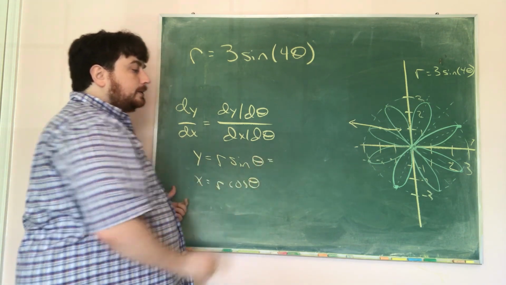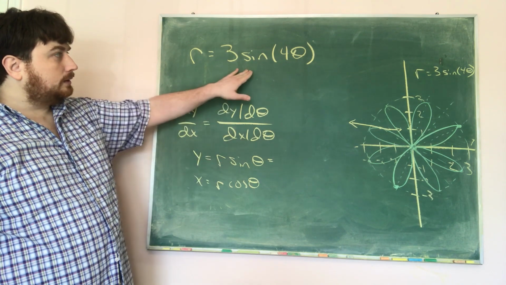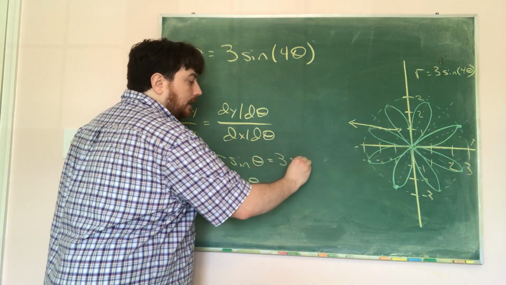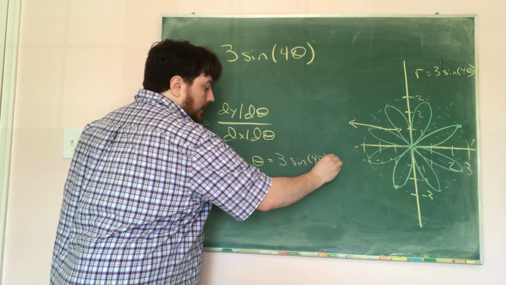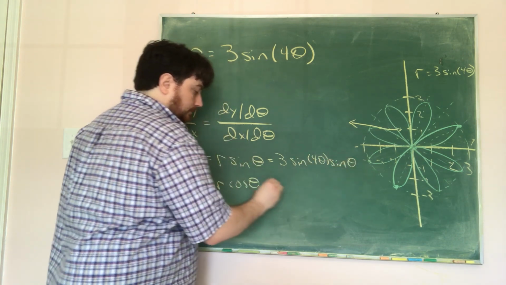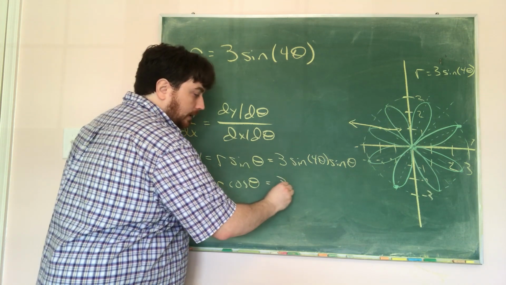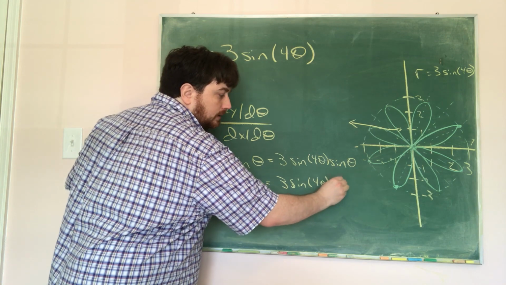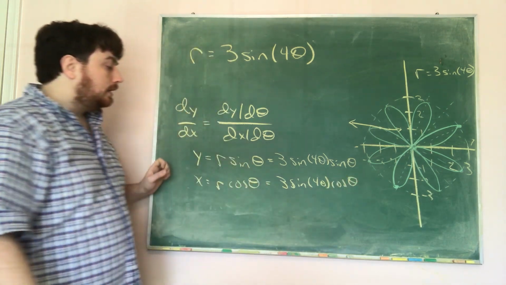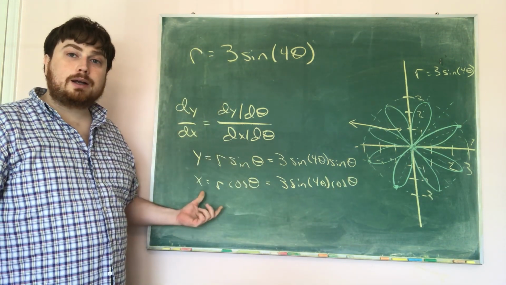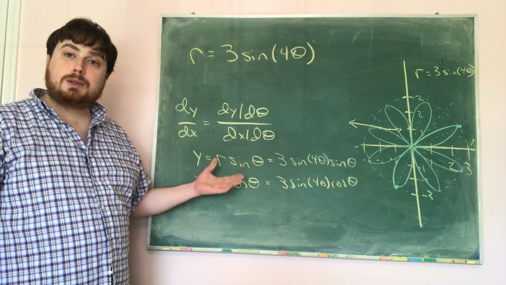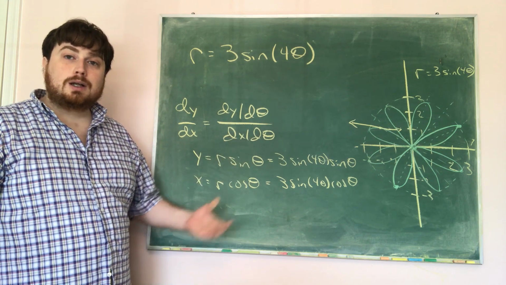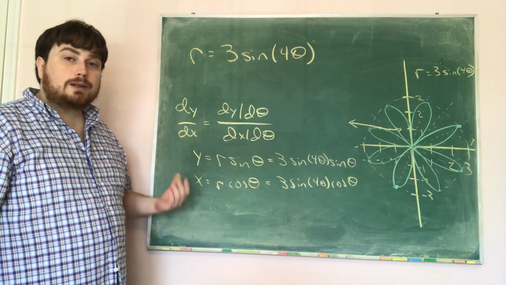Now, if we take the extra step to notice that r is also a function of theta, we get that y is just going to be 3 sine of 4 theta, sine of theta, and x is going to be 3 sine of 4 theta, cosine of theta. So therefore we have both y and x as a function of theta. Since we have them as functions of theta, we can find the derivatives with respect to theta. So therefore we can find dy dx.